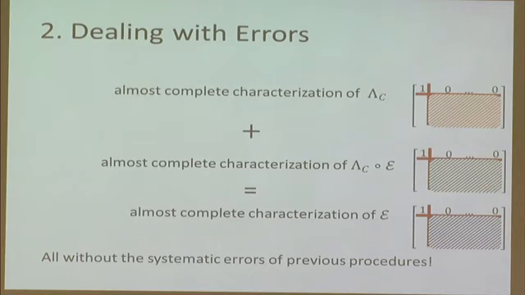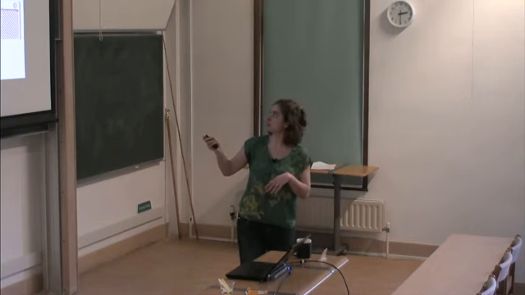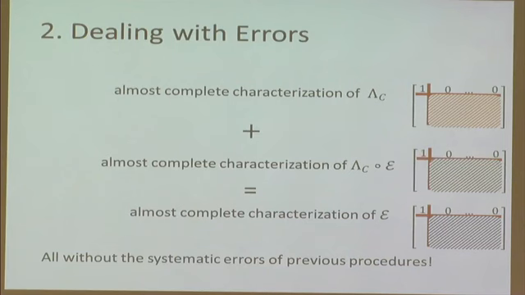For some process that we care about, we can learn the unital part of the combined process of Clifford error composed with our process. And because in this representation, composition is equivalent to matrix multiplication, if we could somehow invert this error process, we can act with the inverse on this and learn just E, which is whatever process we've been trying to characterize this whole time.